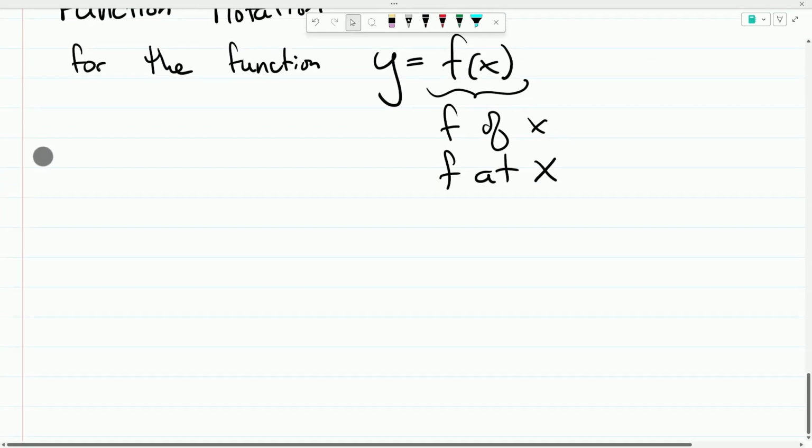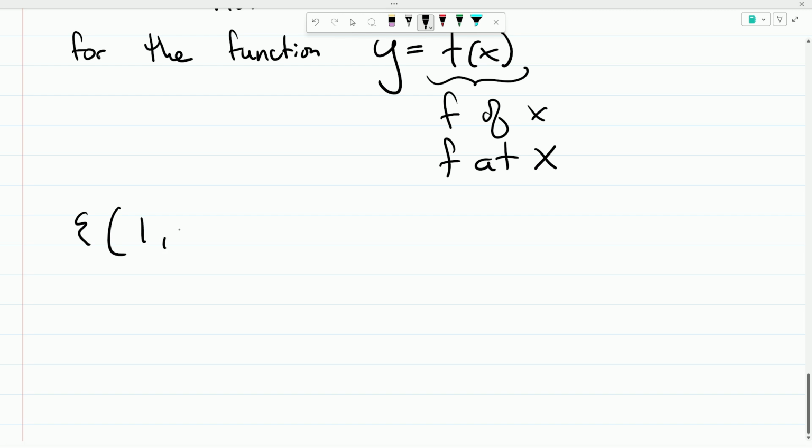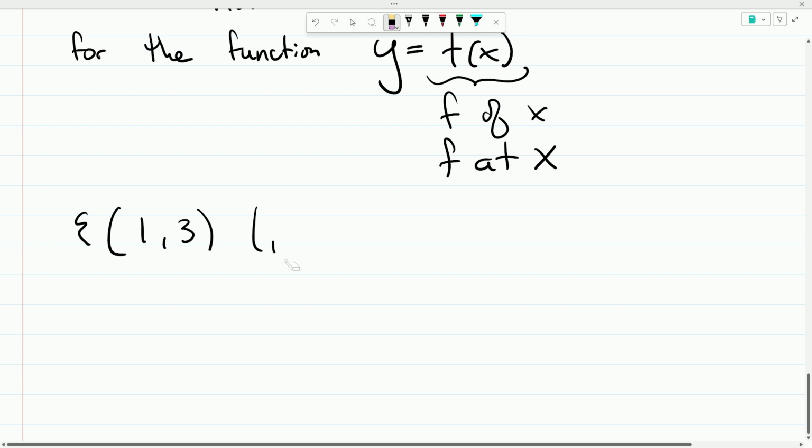Okay. So here are three ordered pairs. 1, 3. 2, 4. And 3, 5. Okay.